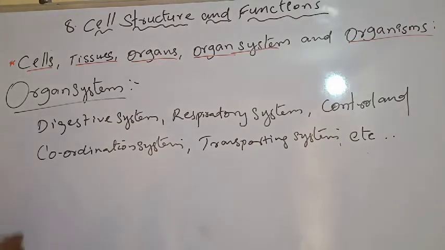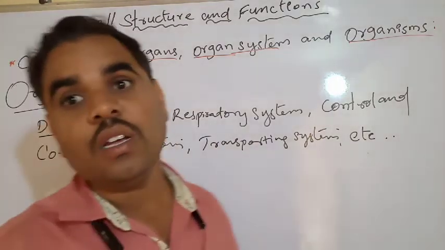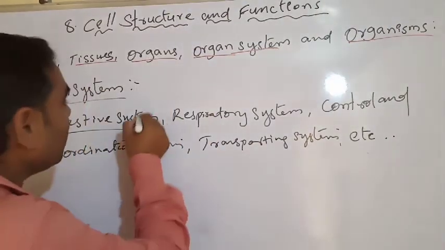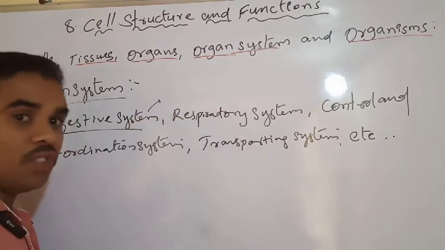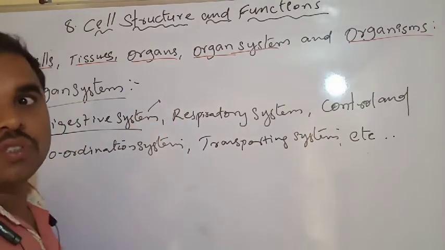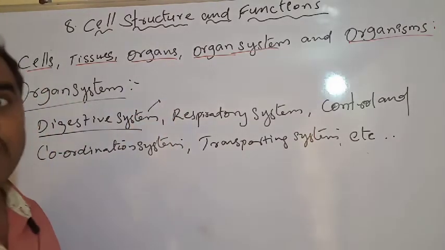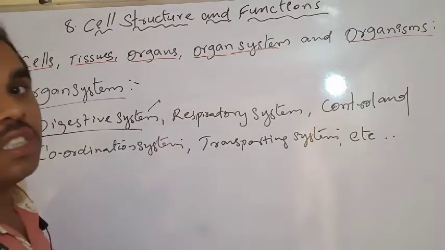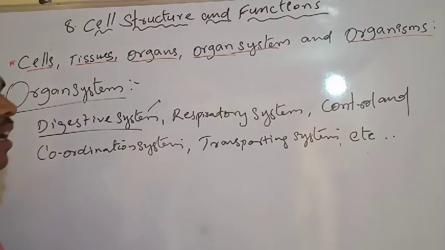For example, take the digestive system. The digestive system's main function is the digestion of food substances. Here, so many juices are also secreted, bile juice and pancreatic juice. These juices are secreted and help in digestion.